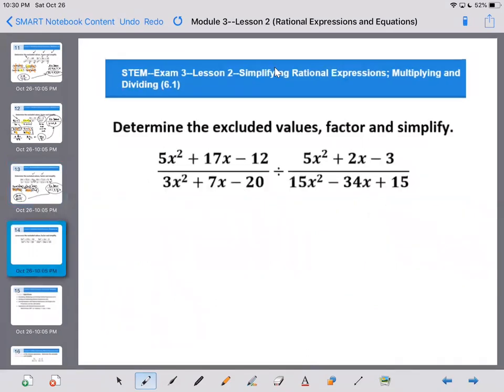Okay, then there's one more, and this one's going to be a little bit more tedious because we're going to have to do some factoring, but notice that our a values are not 1. So we're going to see if we can divide out any factors, but if not, we have to go through our factor by grouping.